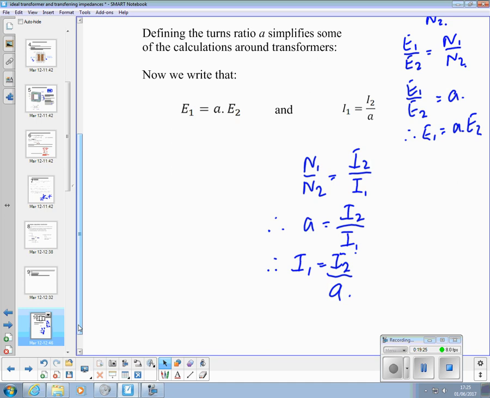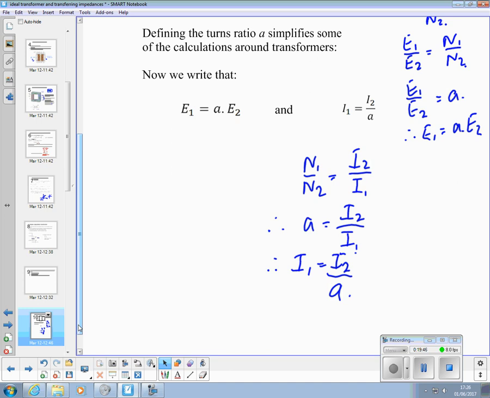Because this transfer and impedance method of analysing transformers involves us using those formulae to transfer a voltage from the primary to the secondary side and then back again to do the analysis. Alright, more about that later.